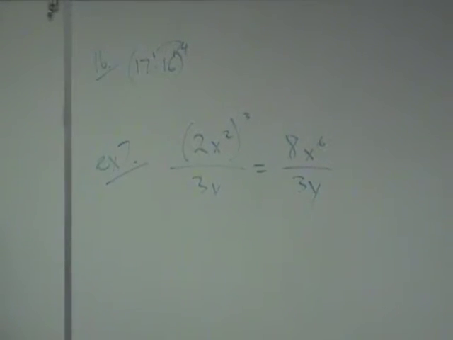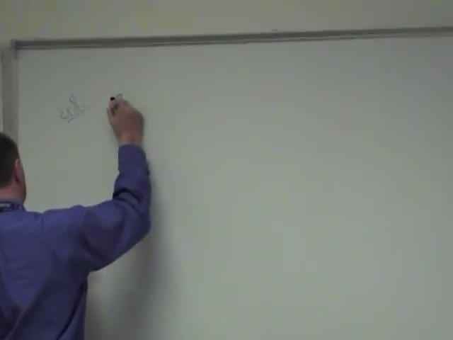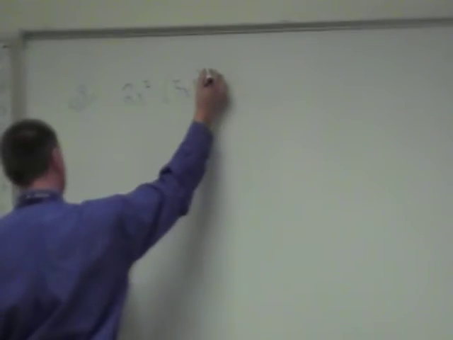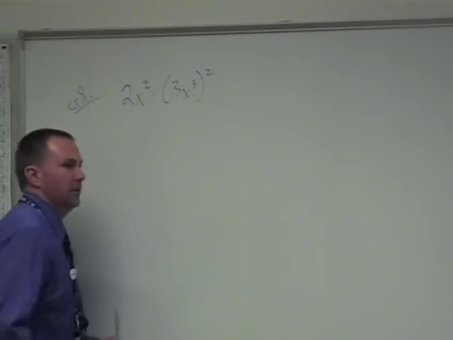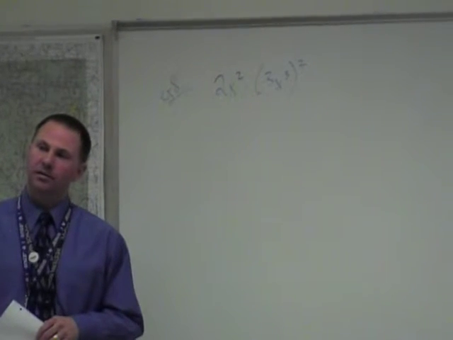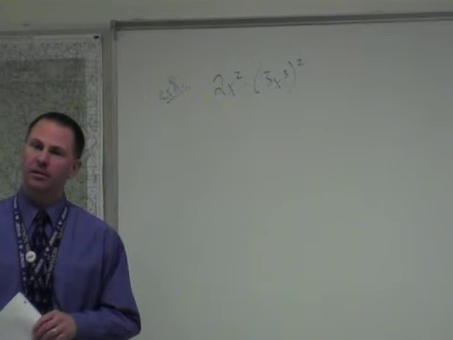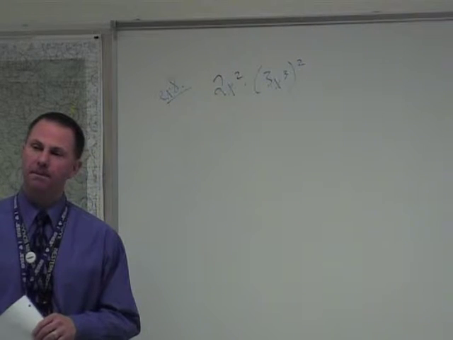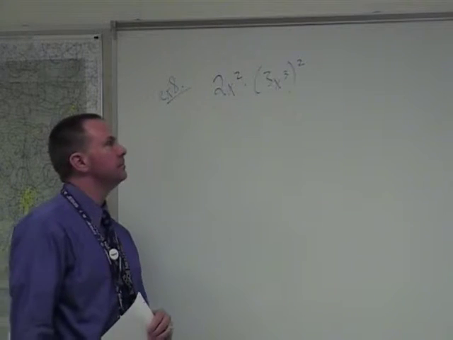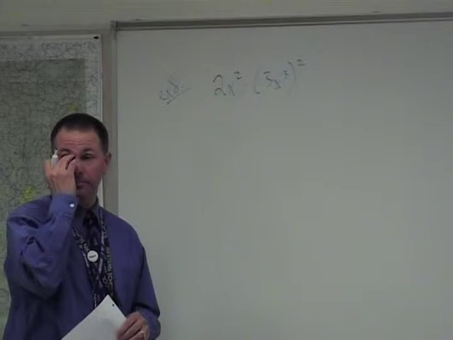So now let's go back to example 8 here. 2x squared times 3x cubed raised to the second power. What do you do first? Nate? First you would take 3x cubed and distribute the exponent of 2.